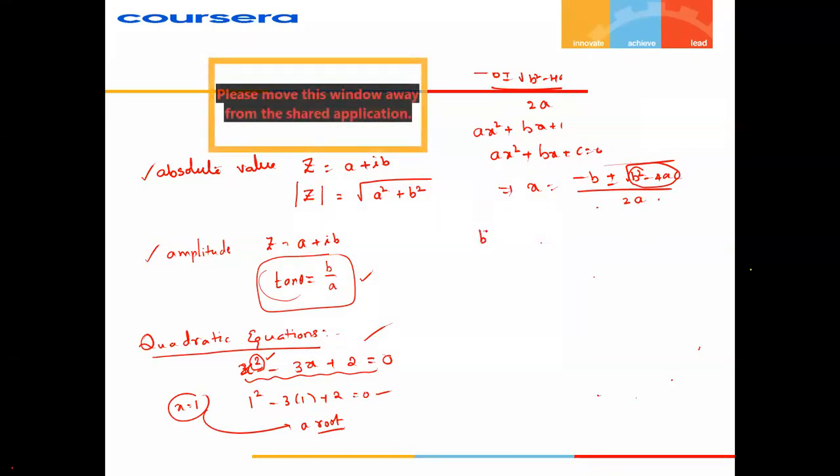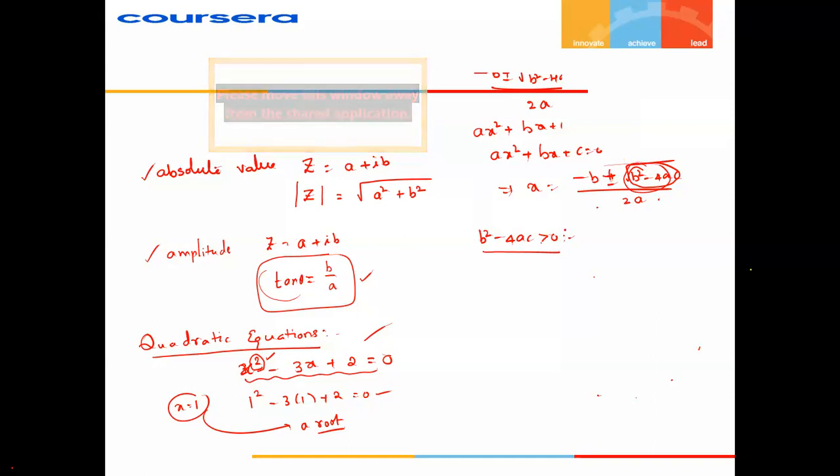Suppose b² - 4ac is greater than 0, then what happens? Some number, 4, 5, like this, we will get real roots, right? With plus we get one root, with minus we get another, so we get two different real roots.